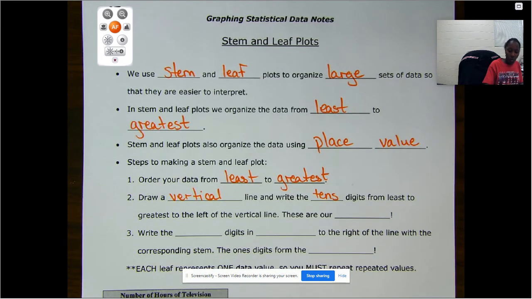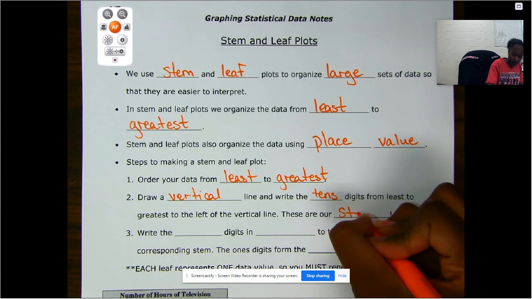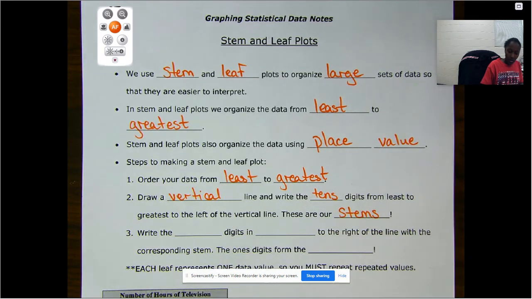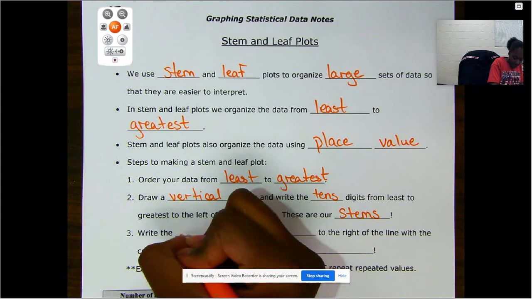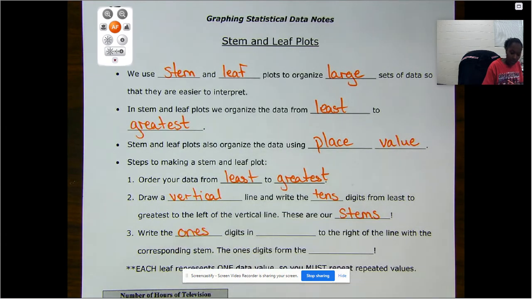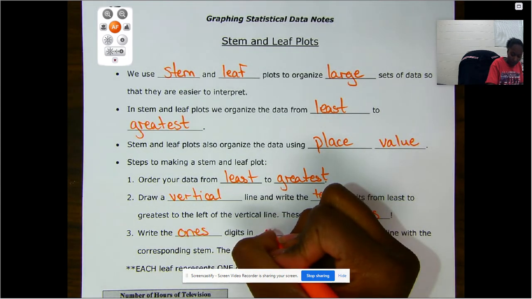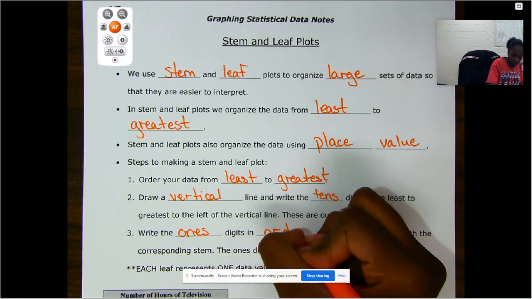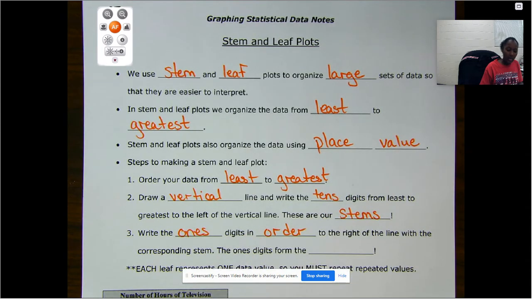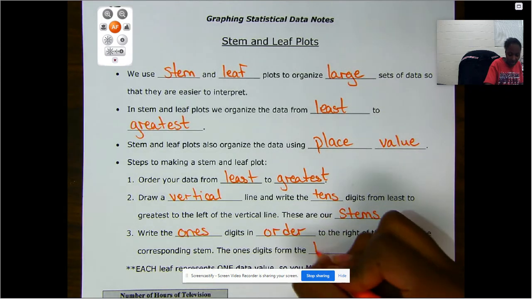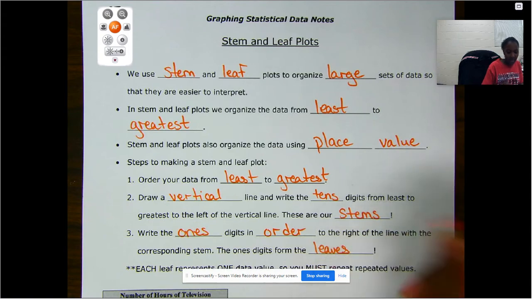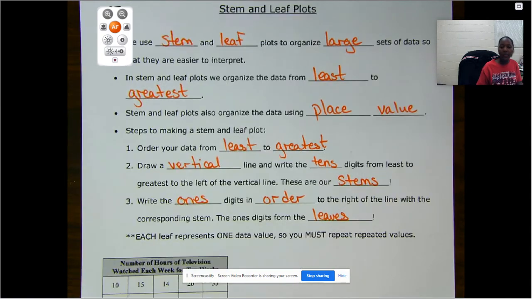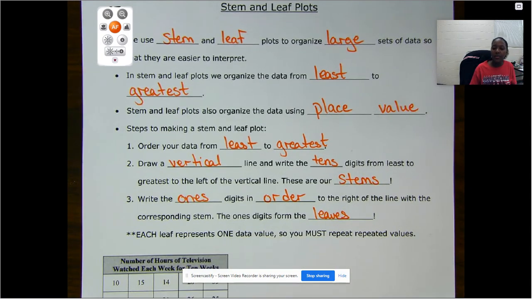These are your stems. Write the ones digits in order to the right of the line with the corresponding stem. The ones digits form the leaves. Each leaf represents one data value, so you must repeat the repeated values.